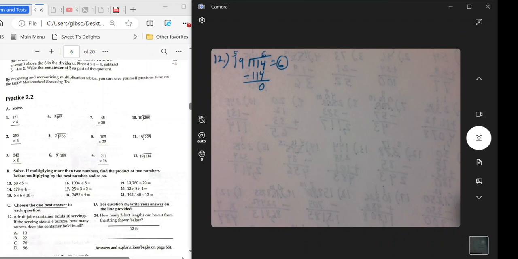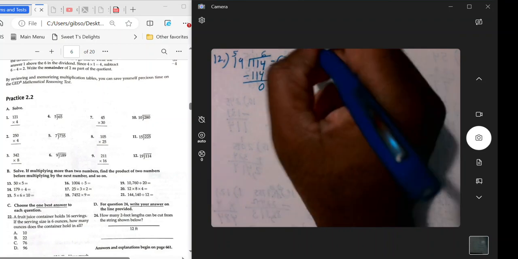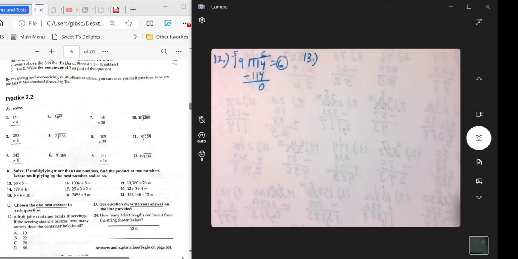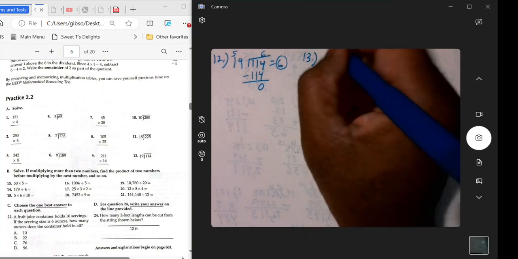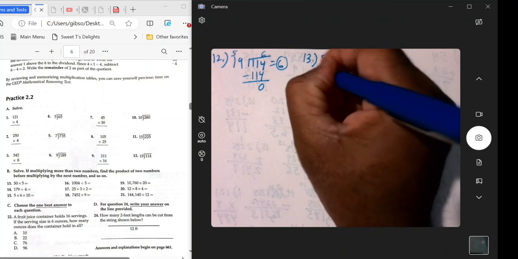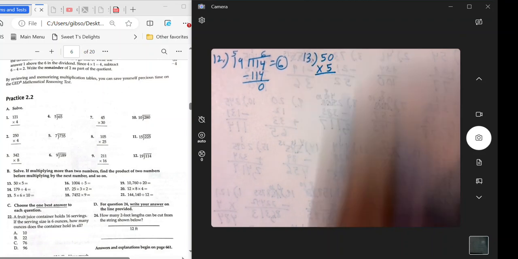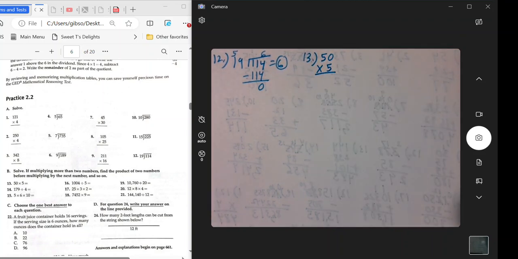Okay, so now let's start with problem 13. Problem 13, we have 50 times 5. So we'll put 50 and we'll line them up according to the place value. Like I said before, you don't have to line it up according to place value, but I would highly recommend that.